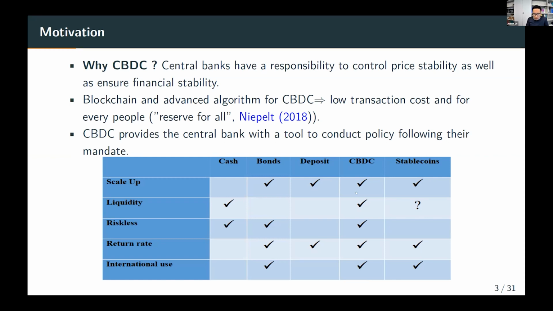Both can scale up, since at the end of the day both use the same technology. But in terms of liquidity, stablecoin is questionable. In terms of risk, it is not riskless at all, and the risk is high even for stablecoin. CBDC provides you a riskless asset because it is backed by the central bank.